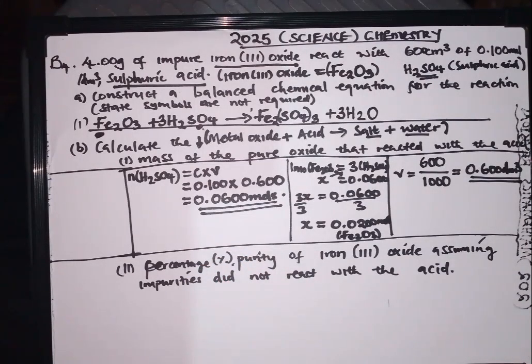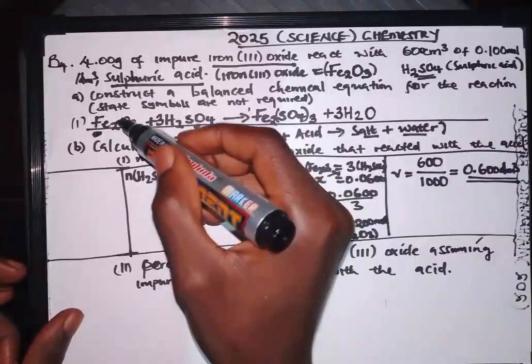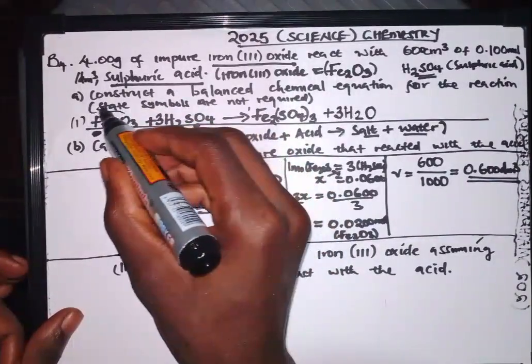But for us to calculate the mass, we need also the molar mass. So for calculating the molar mass, that's the simple part. So how do we calculate the molar mass of iron 3 oxide? Remember, we are calculating the mass of this compound.